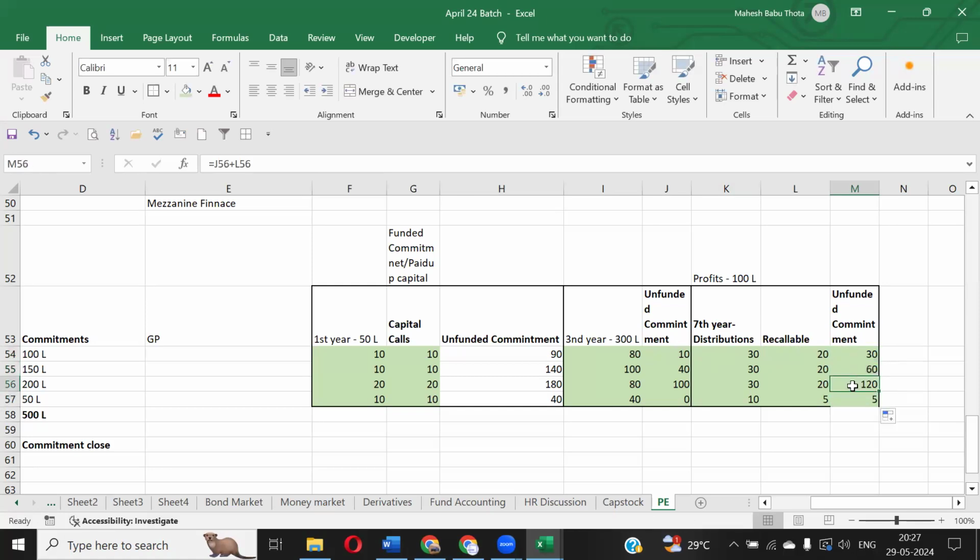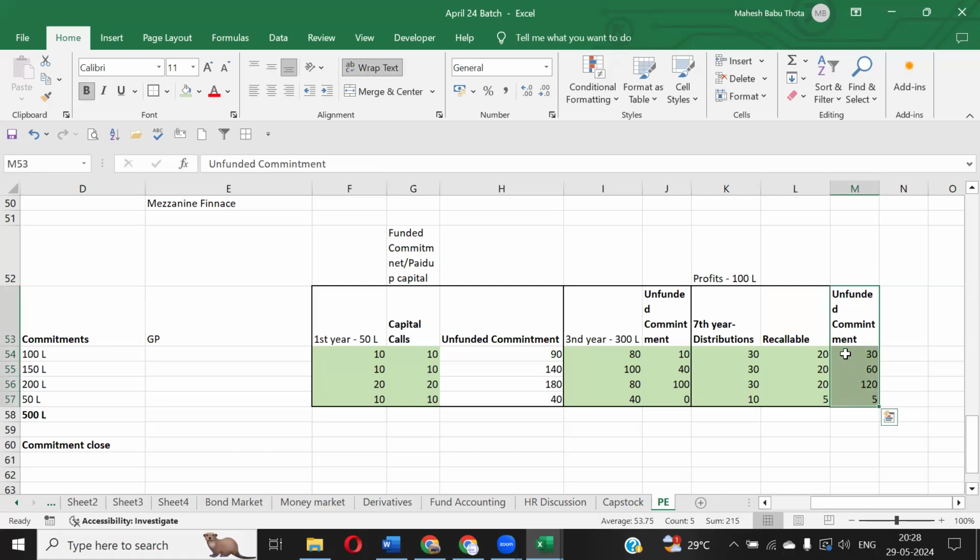But if there is a recallable distribution, then only it needs to be added to the unfunded commitment. Whenever there is a recallable distribution, then unfunded commitment will be impacted. If there is no recallable distribution, then there won't be any impact on the unfunded commitment.